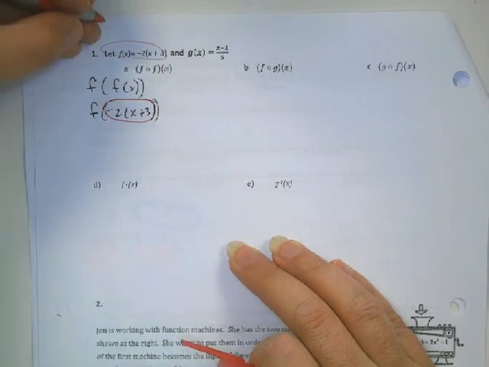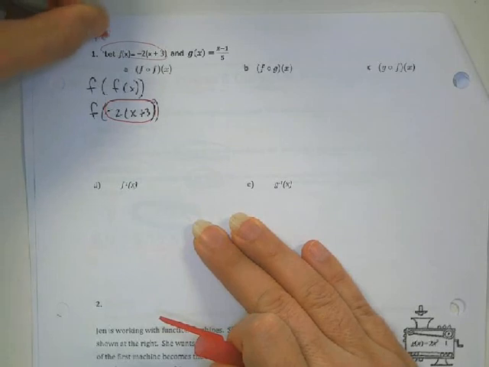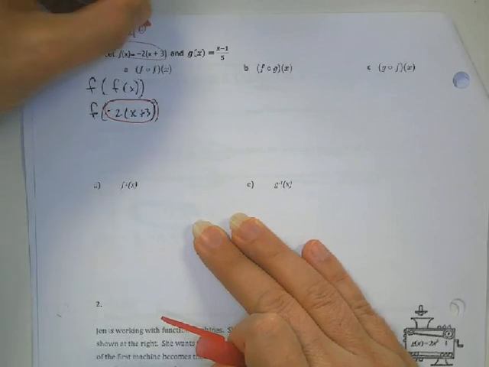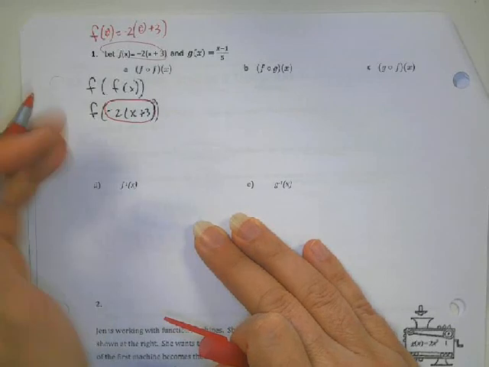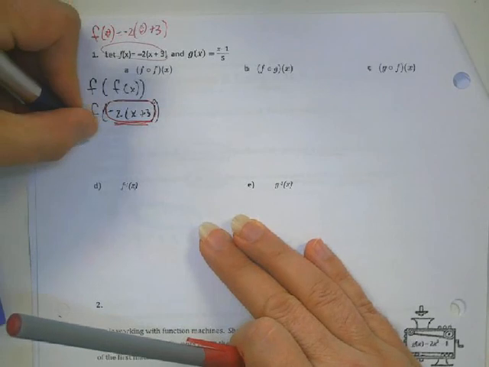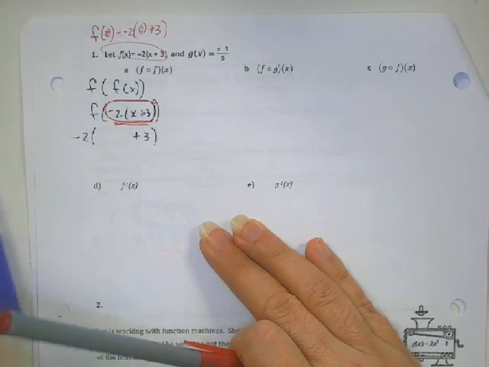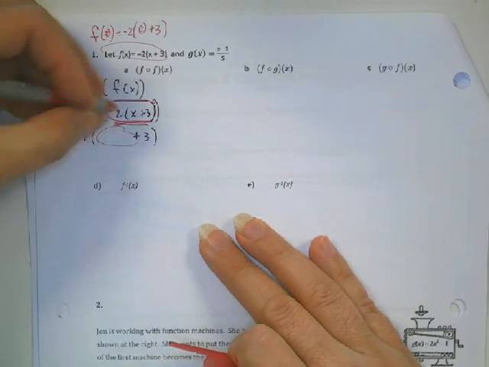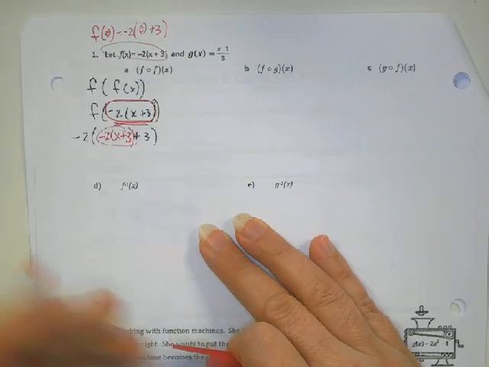It might be easier to think of this as f of happy face equals negative 2 times happy face plus 3, right? So instead of happy face, I'm going to put this stuff here. So I'm going to have negative 2 times the happy face stuff plus 3. So I'm going to put this in here, negative 2x plus 3 here. Okay.